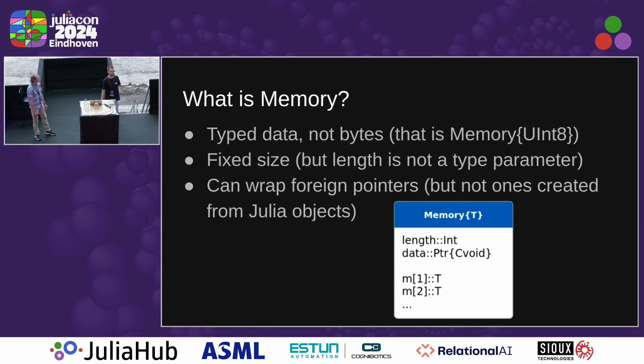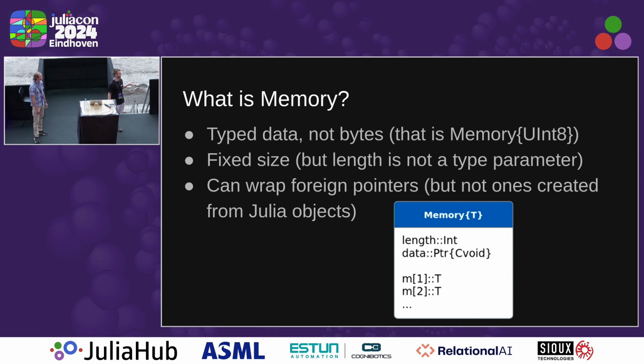And then the last thing, which is a little bit weird potentially, is that memory supports wrapping foreign memory. So if you have an array in C or an array-like object in Java or C#, you can wrap that in a Julia memory, which is necessary for some forms of interop.